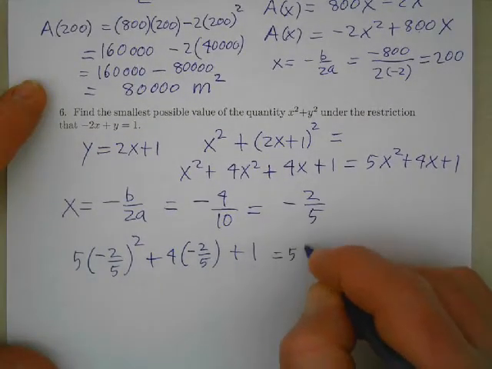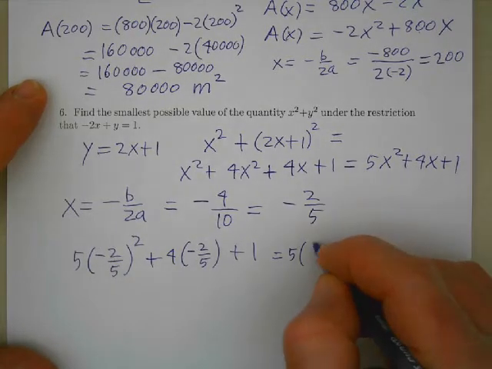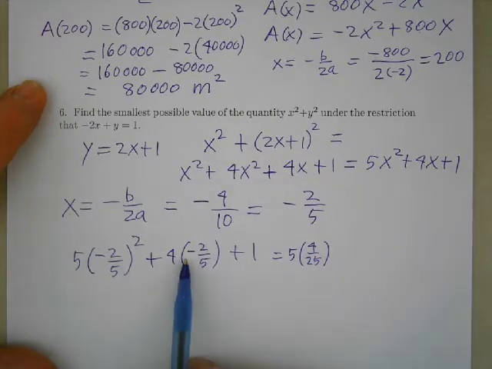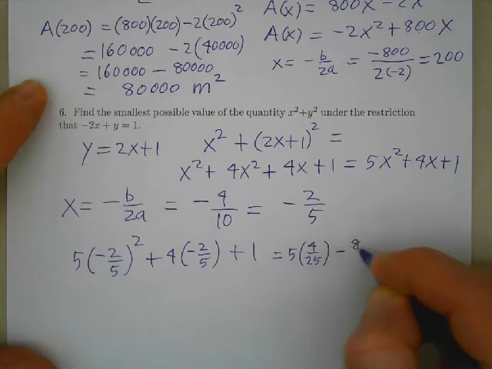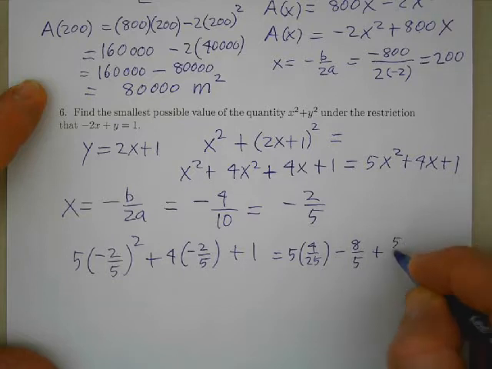And now we just do a little bit of arithmetic. We have 5 times, when you square the number negative 2/5, you get 4/25. And then we're going to add 4 times negative 2/5. That's equivalent to adding negative 8/5. And it looks like we need to convert 1 to a fraction with a denominator of 5, so I'll write this as 5/5.